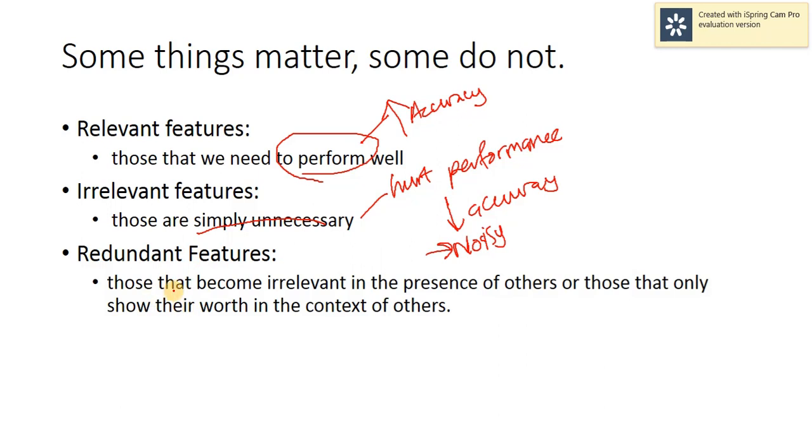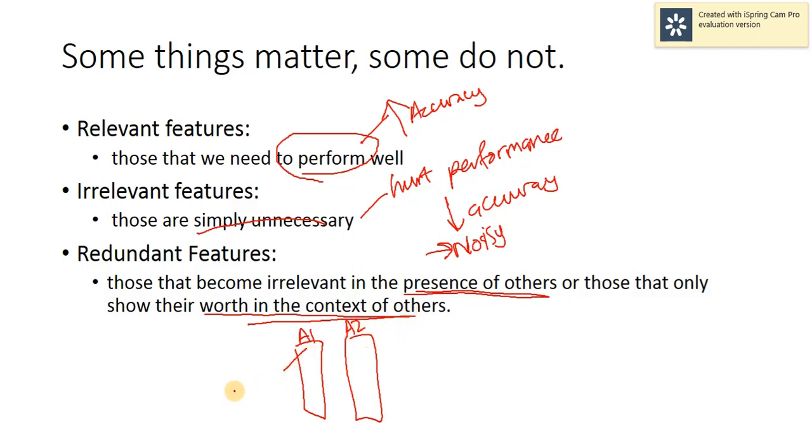Redundant features are those that become irrelevant in the presence of others, or those that only show their worth in the context of others. So for example, we have feature A1 here and we also have feature A2 here. For example, we have a date in A1, 1/1/2011, and in A2 we have January for the row here.